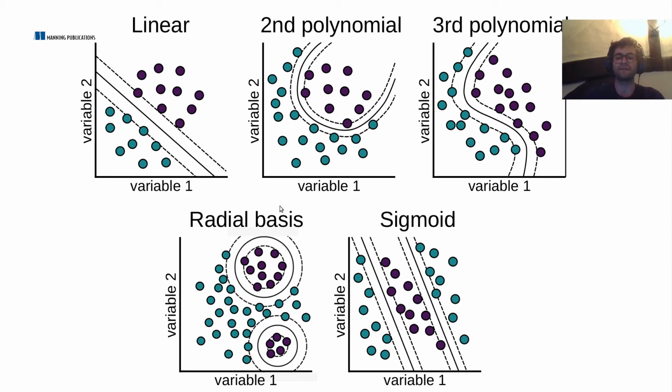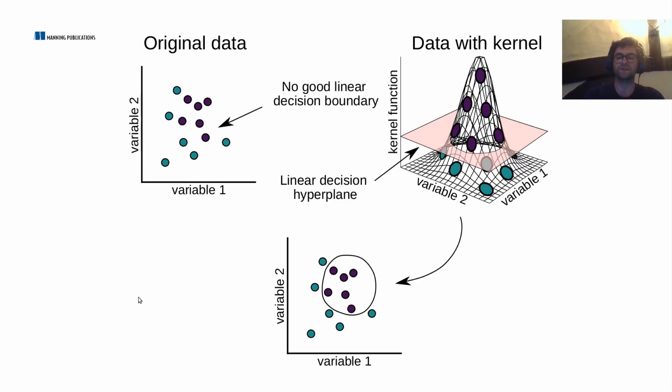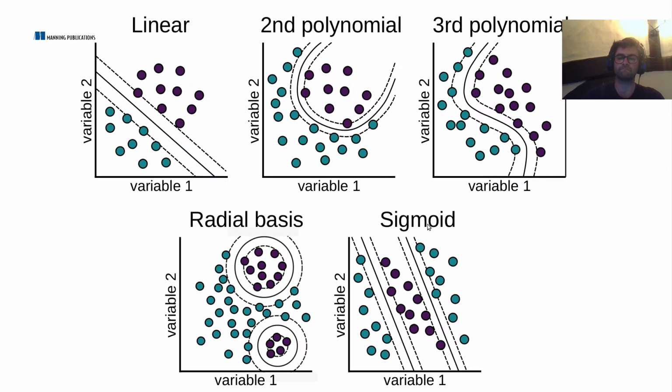The radial basis kernel, which is the default, is very good at identifying distinct islands of cases that belong to particular classes that may be surrounded by cases in other classes. And this here is an example of what a radial basis kernel might look like.